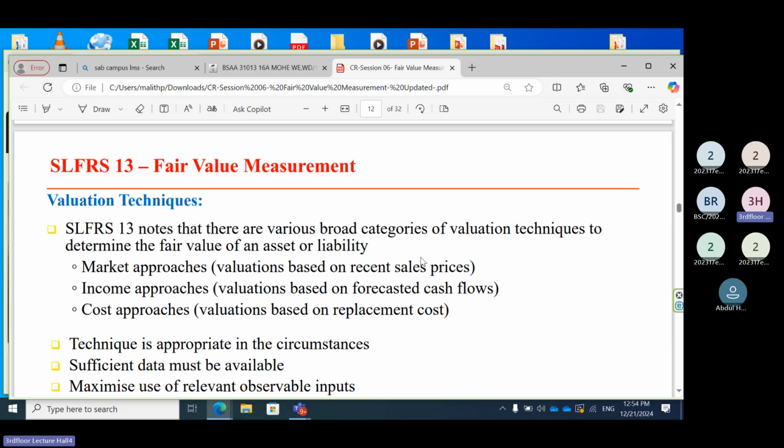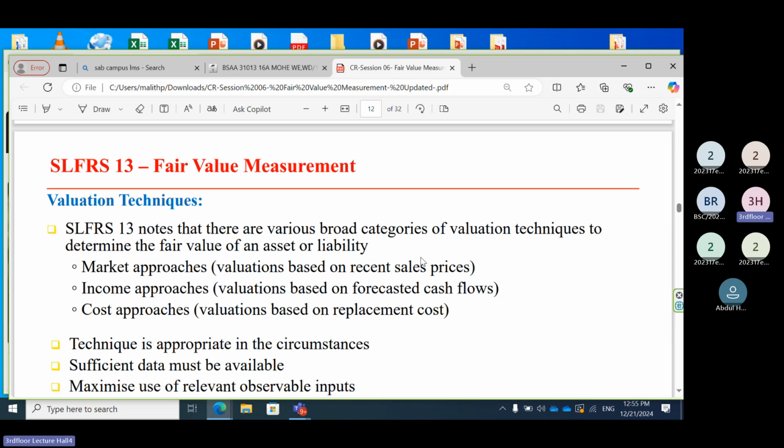If you have proper market data, don't use the cost approach. This is the high priority, market approach. Why? We have to maximize the use of observable inputs. If you have observable inputs, don't use unobservable inputs. It's not good, right? Because then you can manipulate that.